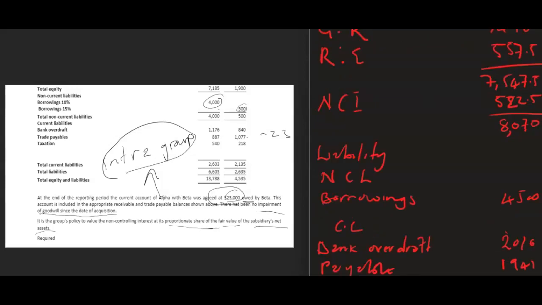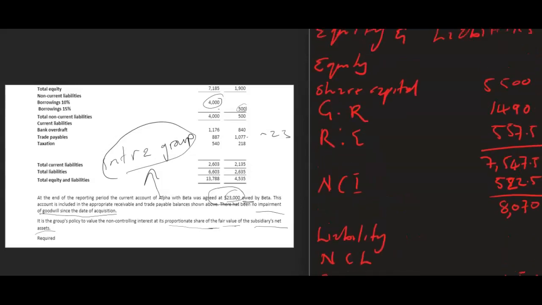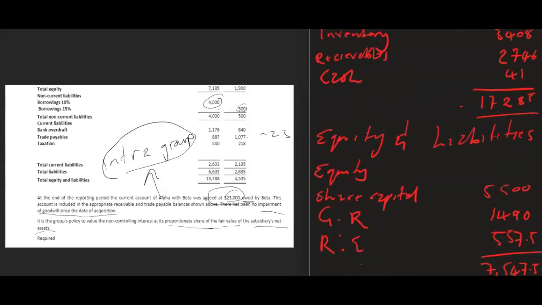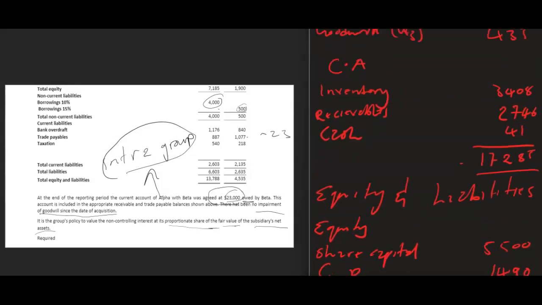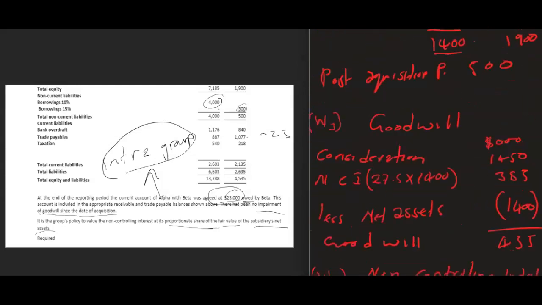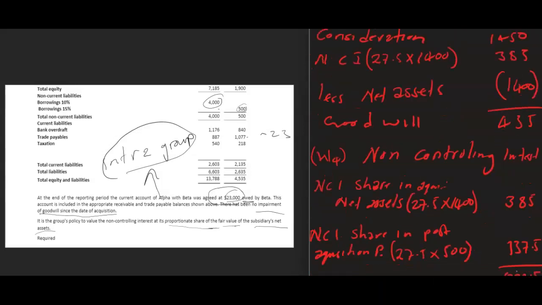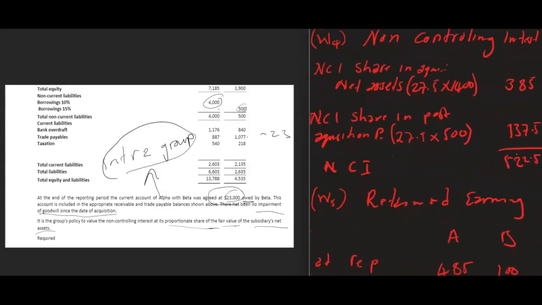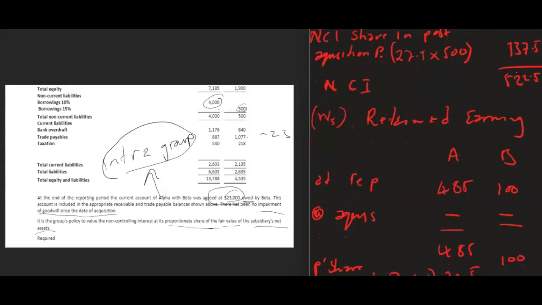Most of the time, the financial statements themselves, maybe they would attract maybe 10 marks, but where the actual meat of this whole thing is on the workings: group structure, goodwill, non-controlling interests, and if you have any intragroup transaction, any valuation adjustments, all these things, the workings. That's where the marks are.